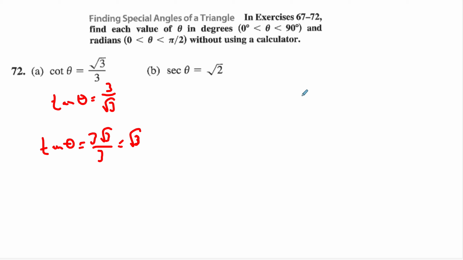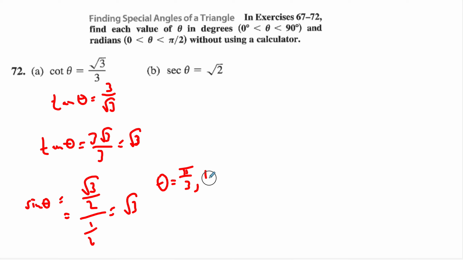This is one of those situations where we're probably looking at something like the square root of 3 over 2 over 1/2, because when you divide that out, you do get root 3, which means that we're looking at sine over cosine. So we know that the sine of theta has got to equal root 3 over 2, which means that we're looking at theta being equal to pi over 3, or 60 degrees.